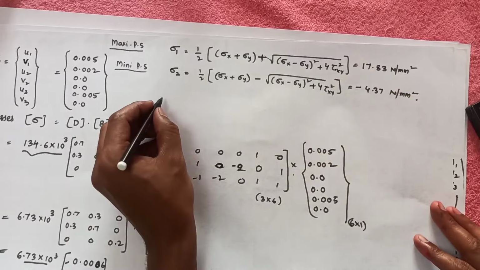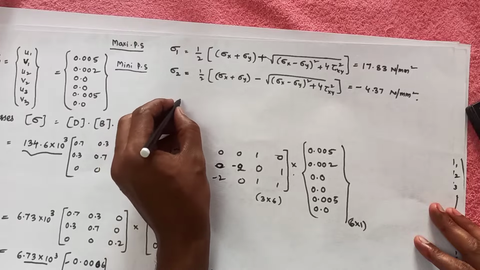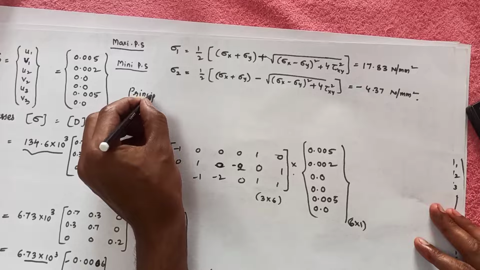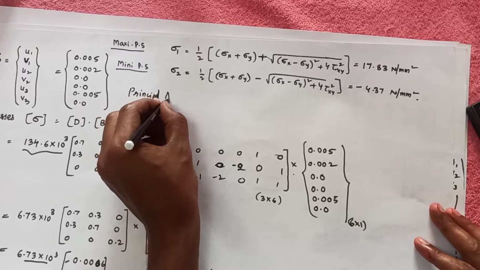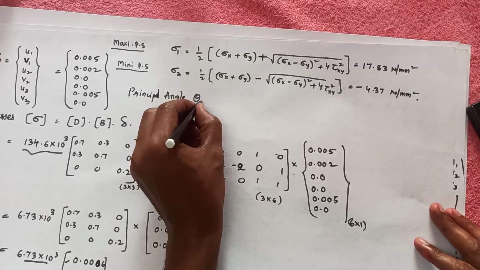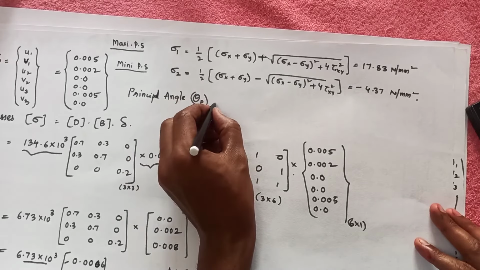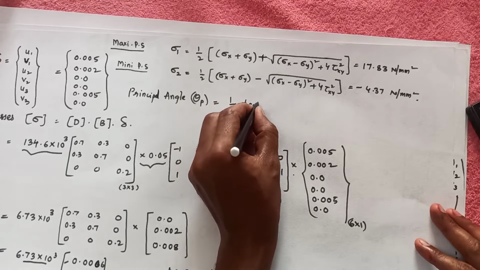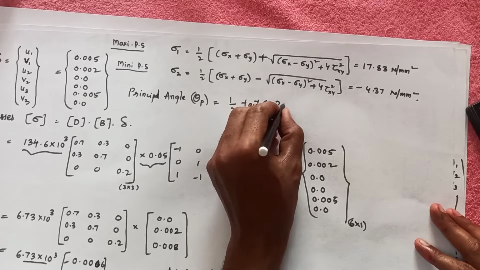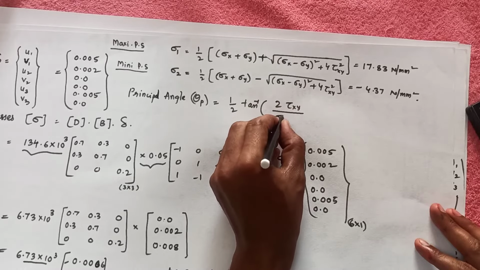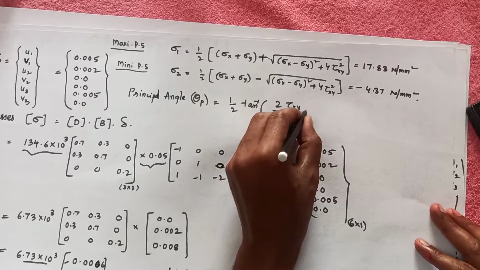And finally you need to calculate the principal angle, that is theta p. Generally we say theta p is equal to, there is an equation to calculate the principal angle, that is 1/2 tan inverse of 2 tau xy by sigma x minus sigma y.